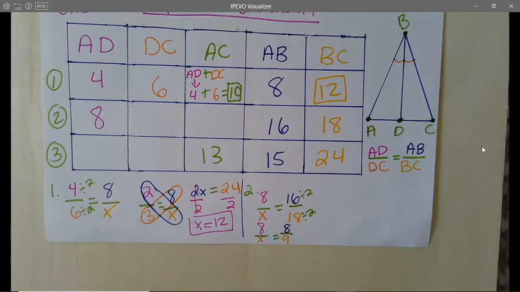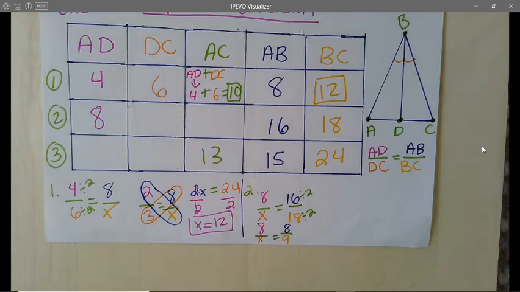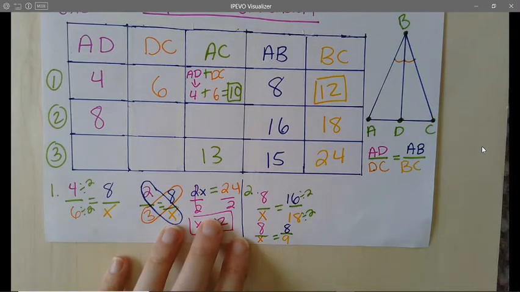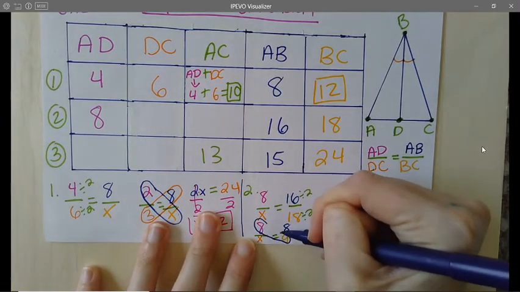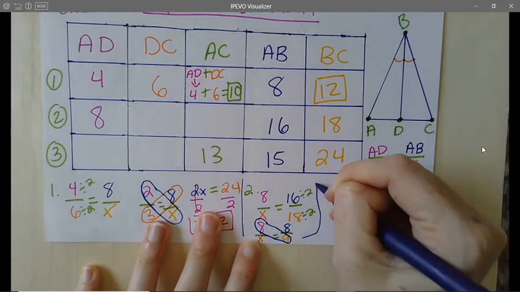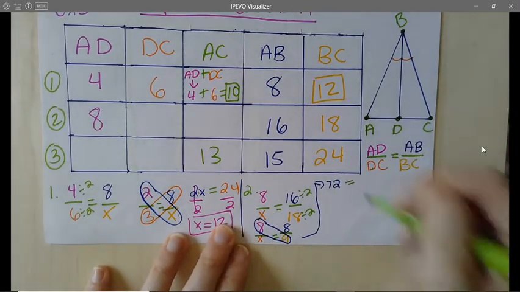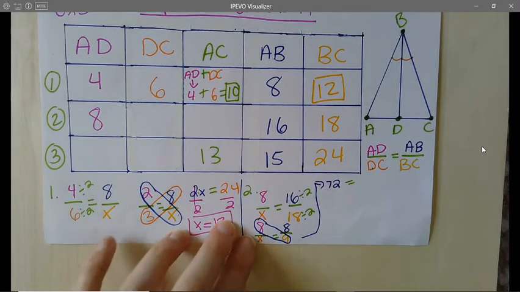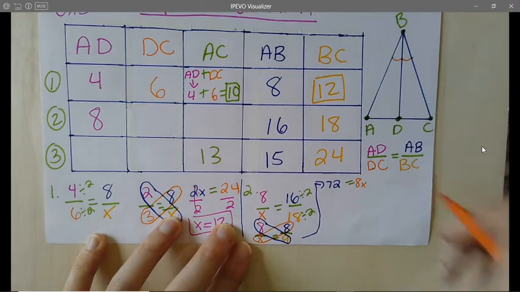Alright, so now that my fractions have been simplified down, it'll be much easier to solve when I cross multiply. So let's get going, you guys. I'm going to cross multiply. So 8 times 9, that will give me 72. And that will equal the other way. So let's cross the other way. X times 8 will give me 8x.